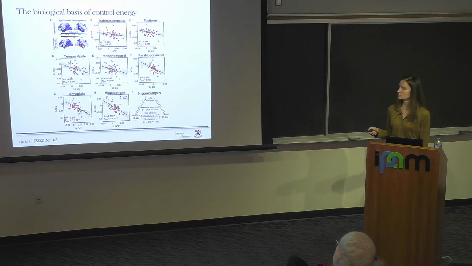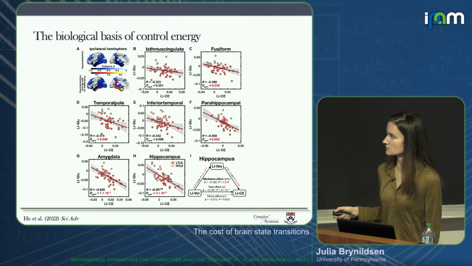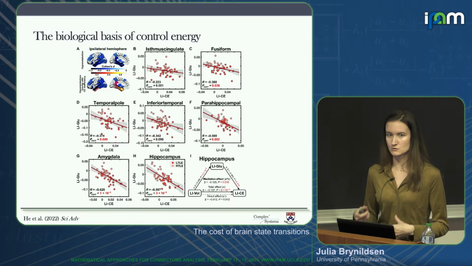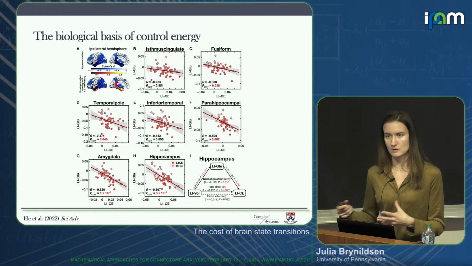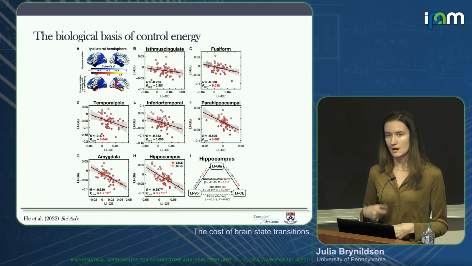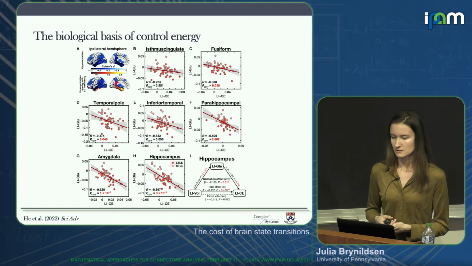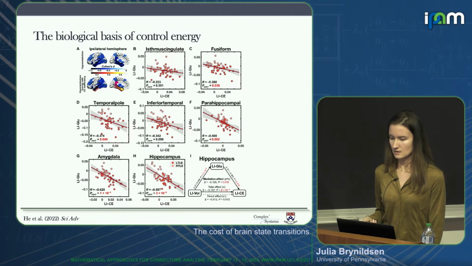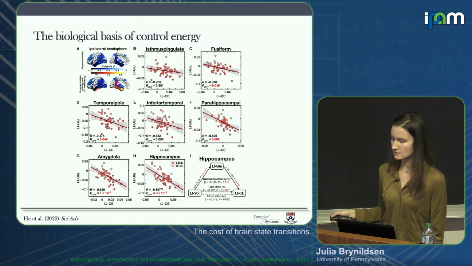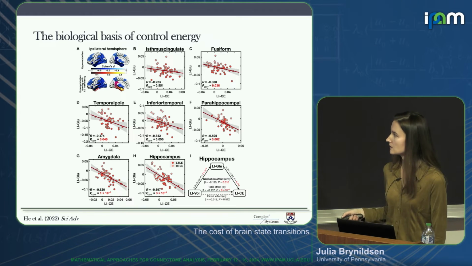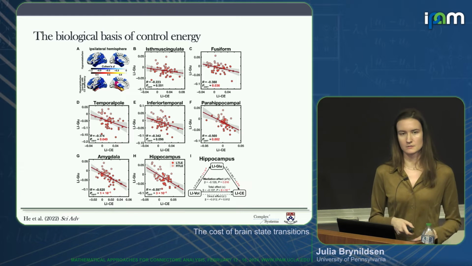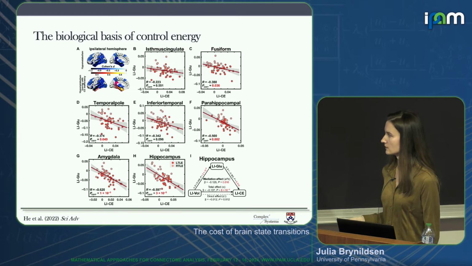So what's seen across most regions, particularly within the limbic system, is an inverse association between glucose utilization and control energy, suggesting that when glucose uptake is lower, control energy to drive the state transition is higher. And this seems relevant to a sort of energetic inefficiency that is seen in TLE. And then it's also observed that hypometabolism mediates the relationship between loss of volume in TLE and control energy in the hippocampus.